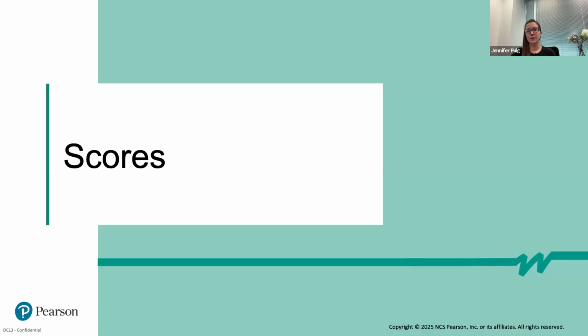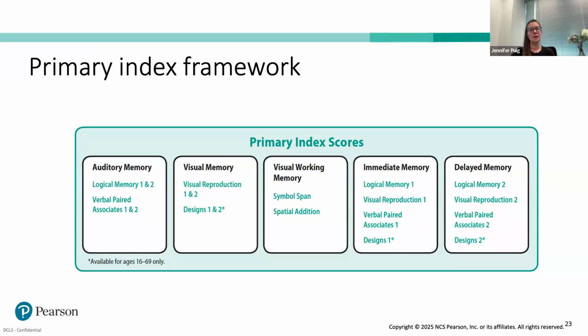Now that we've talked about the subtests in the WMS 5 battery, let's discuss the scores that are derived from them. So this slide shows the framework for the primary index scores on the WMS 5 across 5 domains. The auditory memory index is composed of the logical memory 1 and 2 and verbal paired associates 1 and 2 subtest scores.